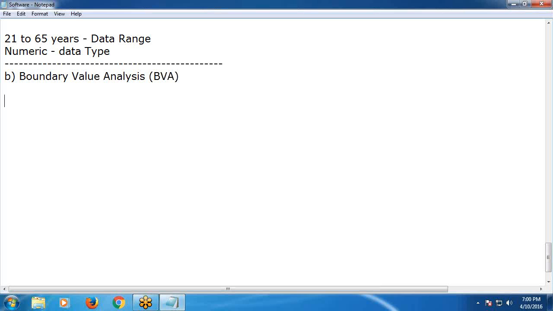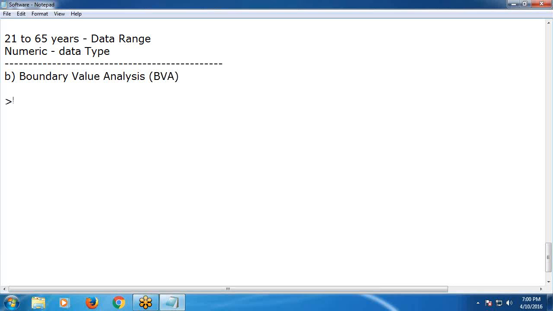Without equivalence partitions, we cannot use boundary value analysis. Getting this point, Sri Lakshmi? Yes, sir. It is an extension.